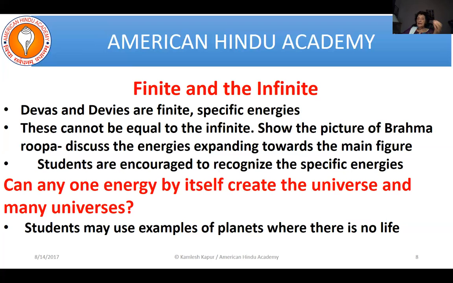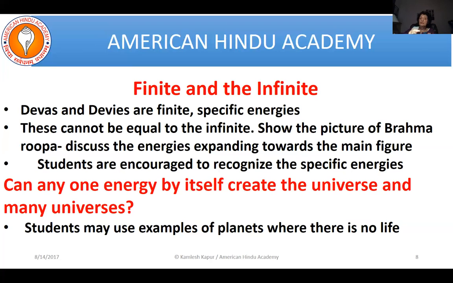Because the air is poisonous, gaseous, and there is probably no water. At least nobody has detected it. And probably the gravity is different. A whole lot of elements are different. So some devas, they do not exist.